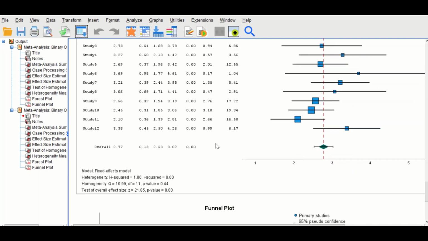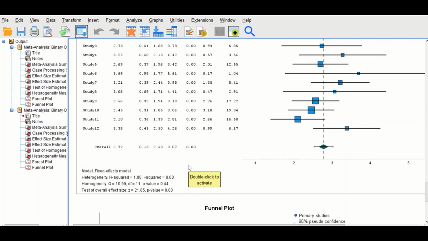The third section for the forest plot is the statistical analysis. As shown here, the model is fixed effect model, and for the heterogeneity test, as shown here, the I squared is 0.